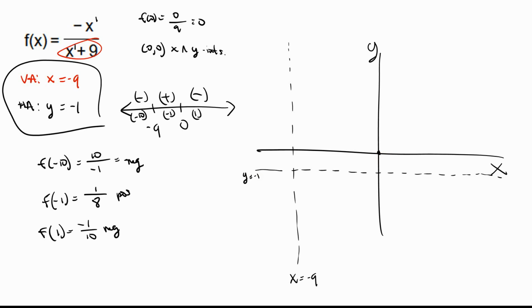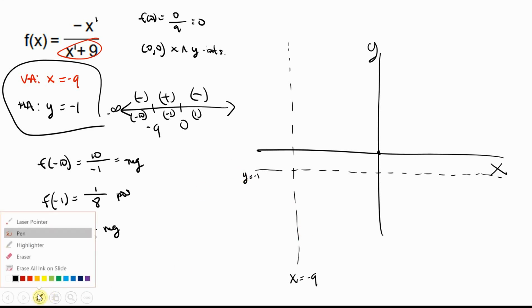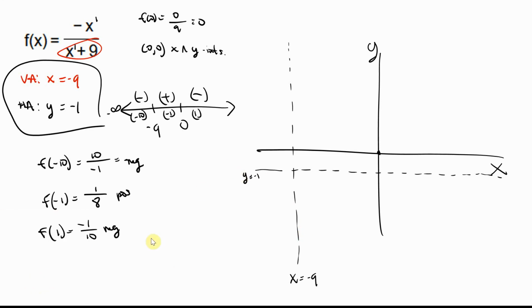All right. So from -infinity to -9, that's the asymptote here, is negative. So it's under the x-axis, it rides along the asymptotes. From -9 to 0 is positive.